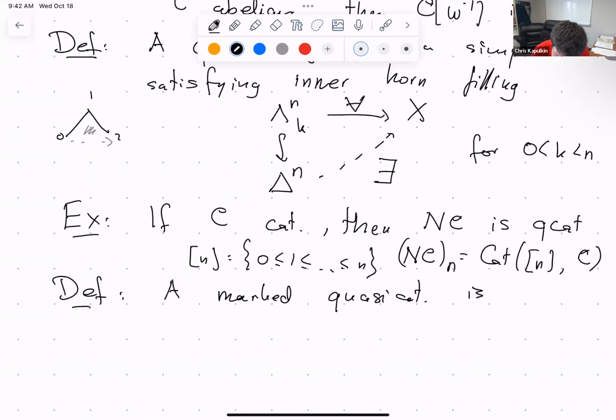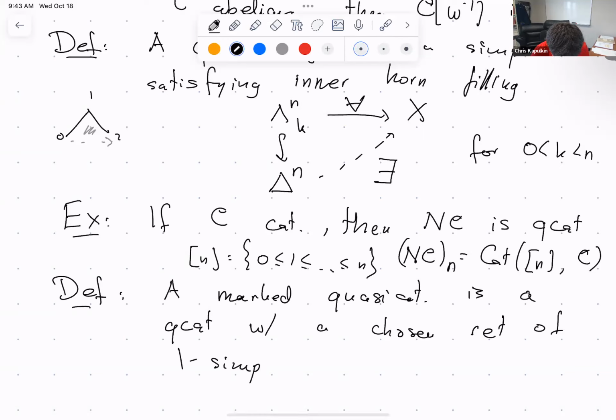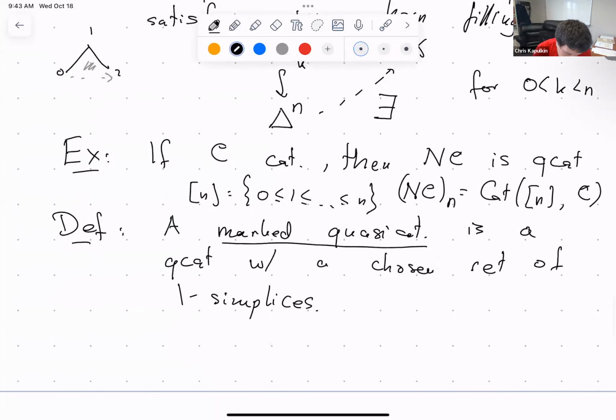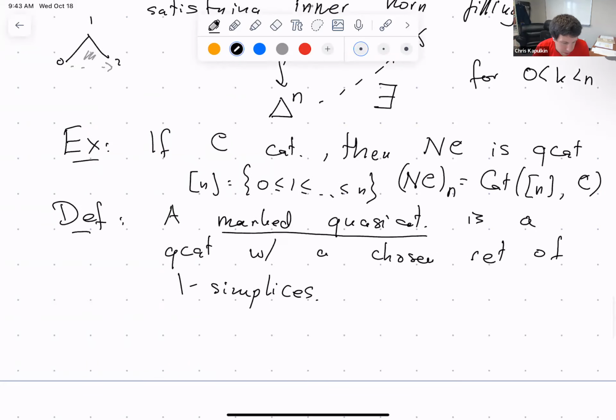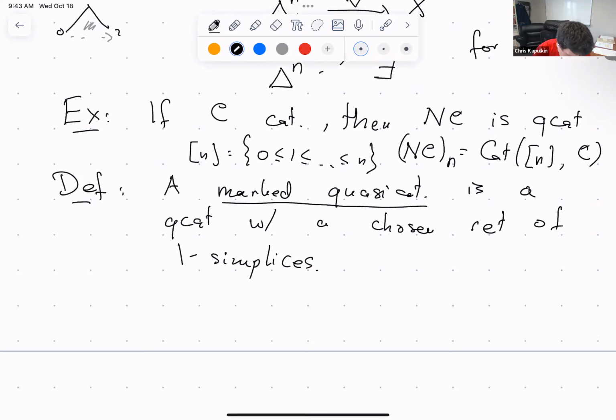A marked quasi-category is a quasi-category with a chosen set of one simplices, subject to no conditions at all. Just as for categories, we just selected some morphisms, now we're going to select some one simplices. That's the only difference.